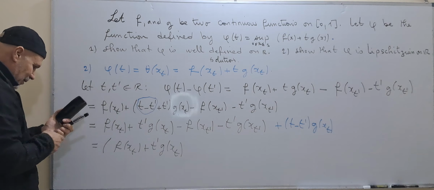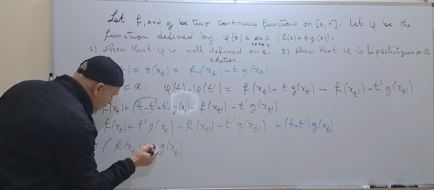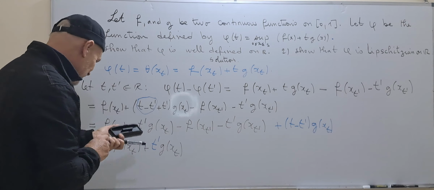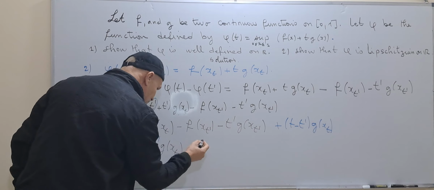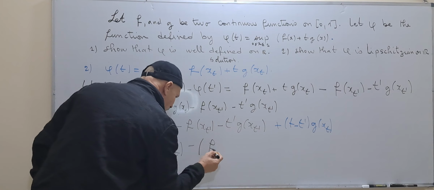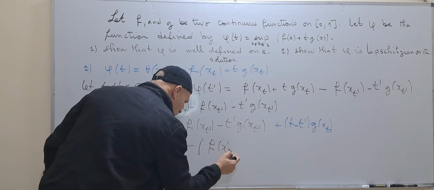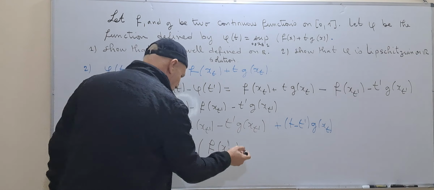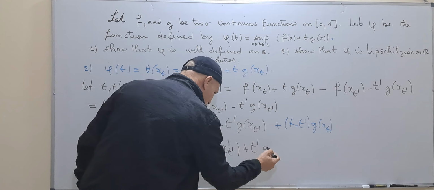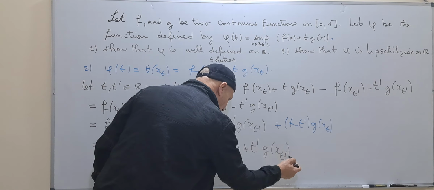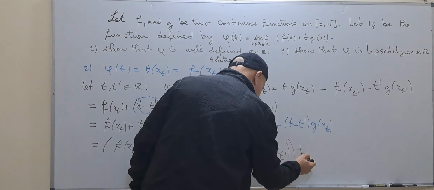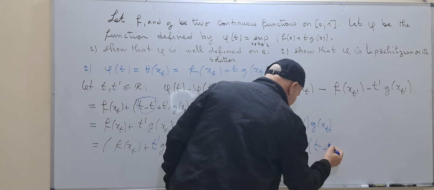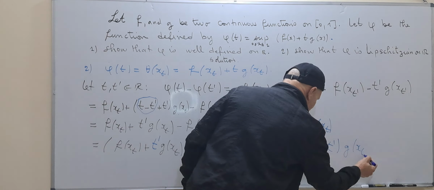Just here I need to clarify this like this, t prime minus f of x_t prime minus t prime g of x_t prime plus t minus t prime g of x_t.